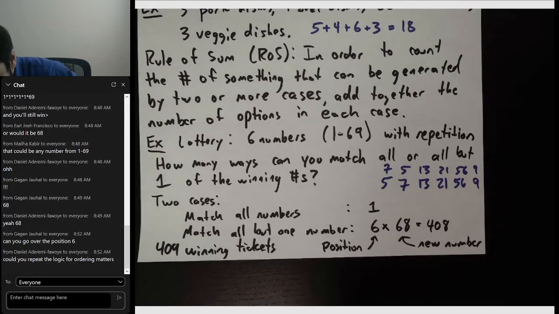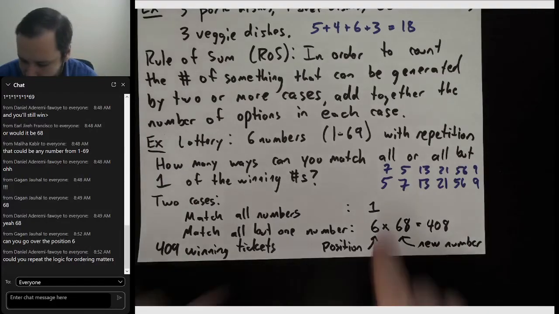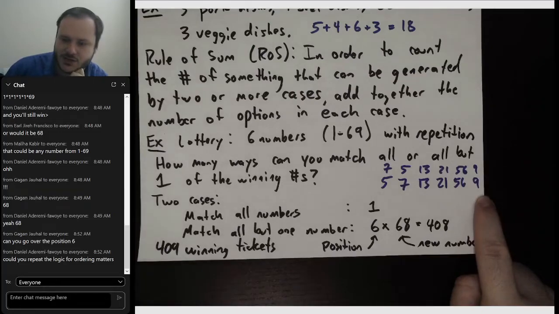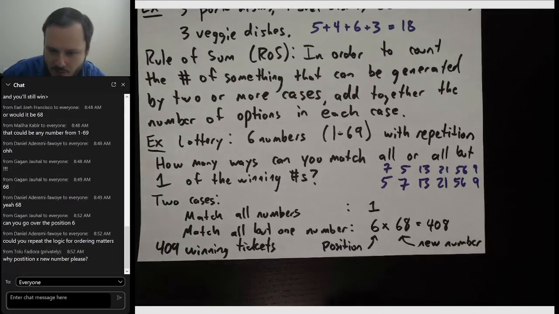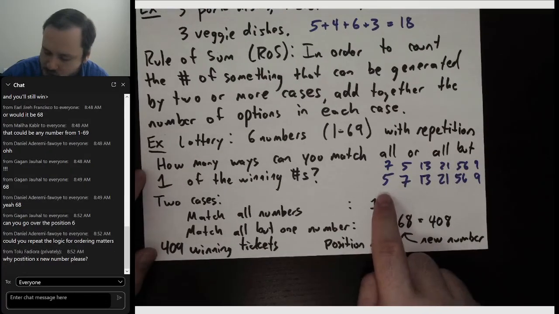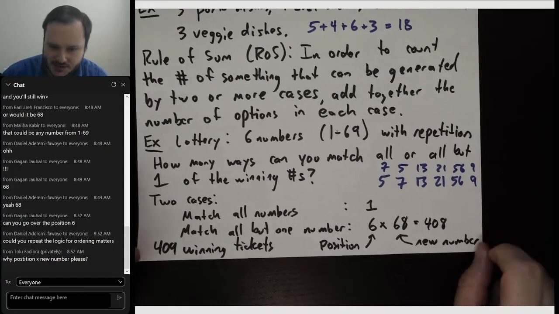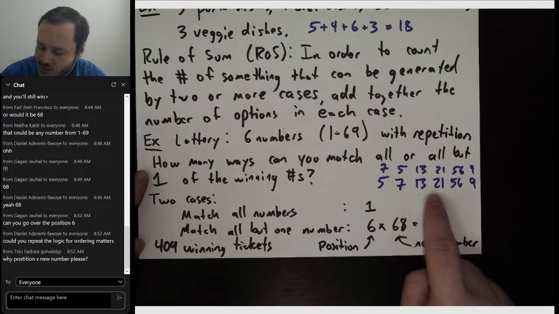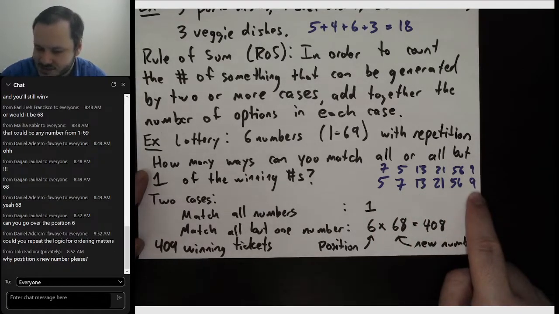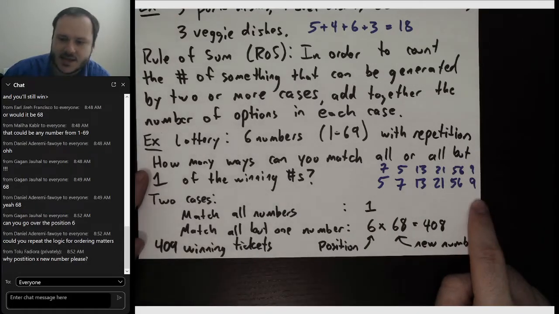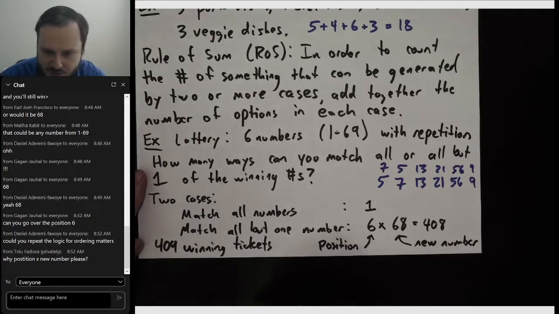Yeah. So we want to generate a ticket. It's a winning ticket. It matches every number except for 1. So we're going to generate our ticket with a 2-step process. Step 1 is choose which number it is that does not match. Right? So we're matching 5 out of 6. That means 1 out of 6 is not matching.